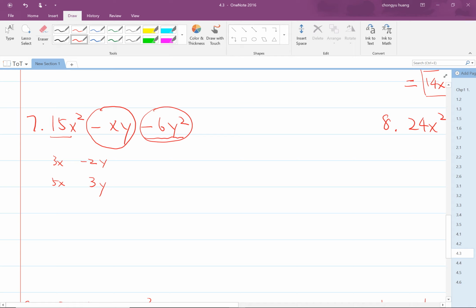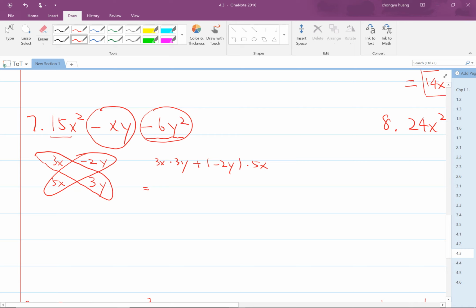Let me show you. We have 3x multiplied by 3y, and then plus negative 2y multiplied by 5x.